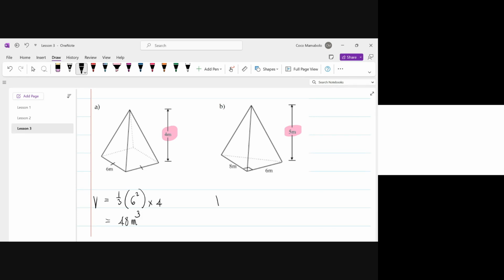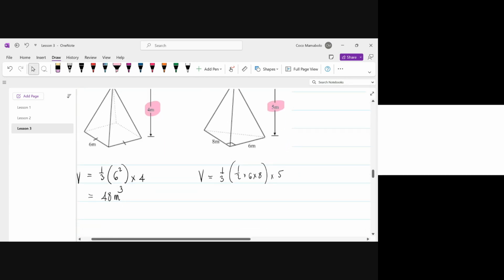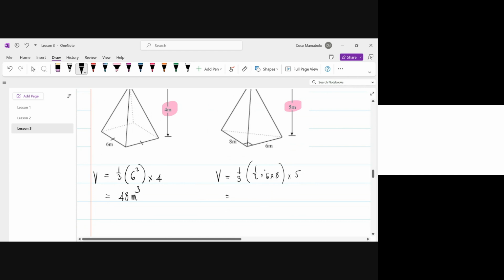Simple. Okay, for the volume of this one, I know that my base shape is a triangle, so it's just going to be 1/3 of half times the base, which is, I could choose 6 times 8, multiplied by the perpendicular height, which is 5. So half of 6 is 3, 3 times 8 is 24, 1/3 of 24 is 8, 8 times 5 is 40 meters cubed.